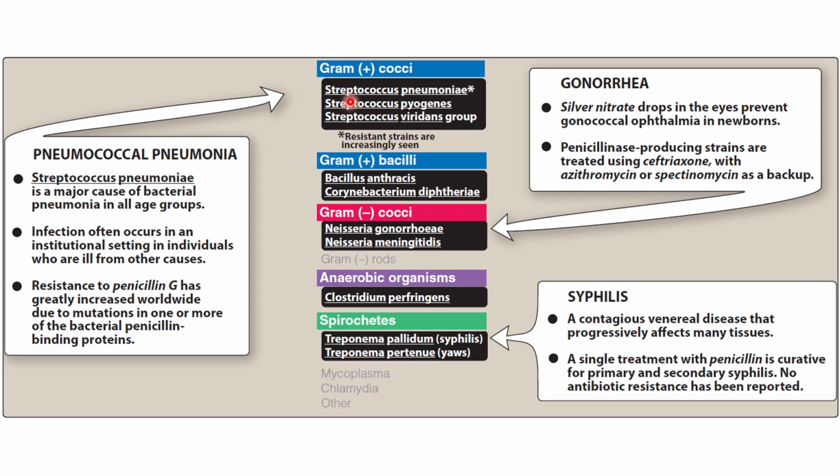So this is a common cause of bacterial pneumonia in adults and children, and there is a resistance to the penicillin G, and that is why penicillin G nowadays is not used widely.